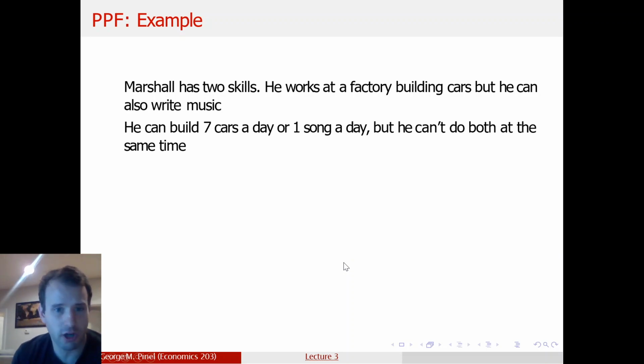He can build 7 cars a day or write 1 song a day, but he can't do both at the same time. So if he has a certain amount of time, let's say a day, he can do 7 cars, 1 song. Okay. He can do any combination in between. So he can do 3.5 cars and half of a song.